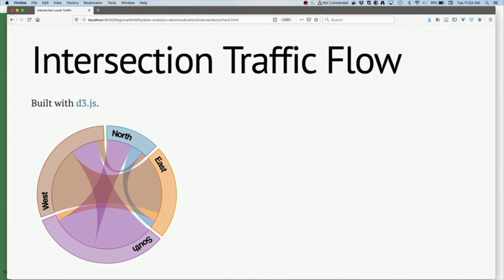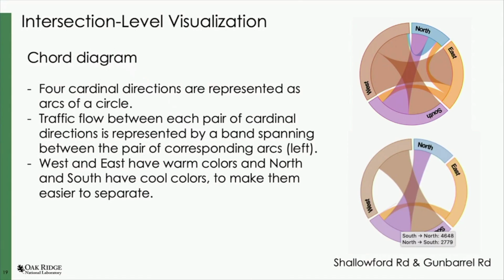Okay, I guess I'm not demoing this, but I can show you on the slide. So basically, each of those arcs, which are those circle segments on the outside, represent the amount of vehicles that originate from that direction. And then the bands between them represent the traffic flow between the two directions. And then the color is determined by which direction we have more traffic flow in.